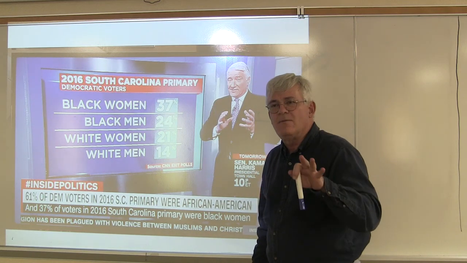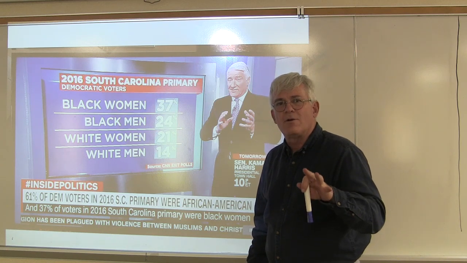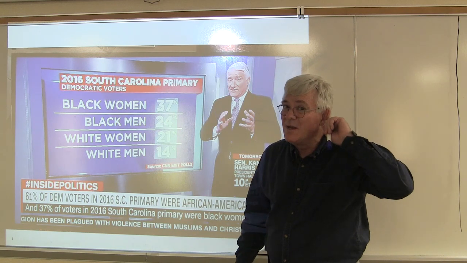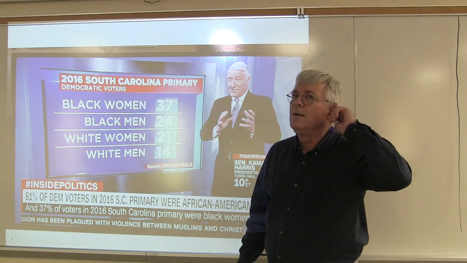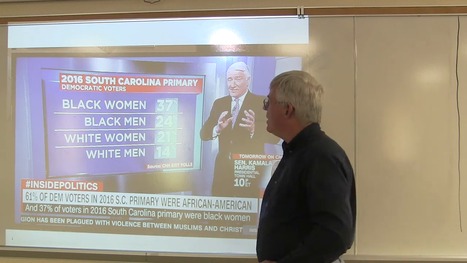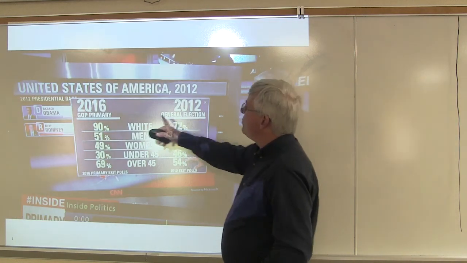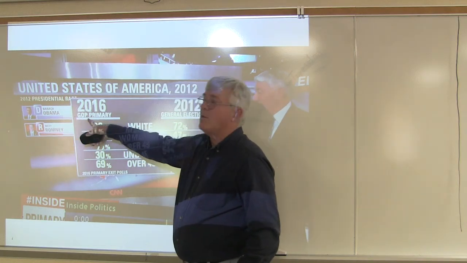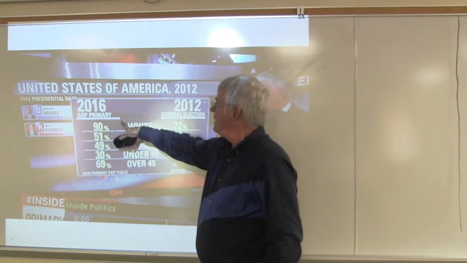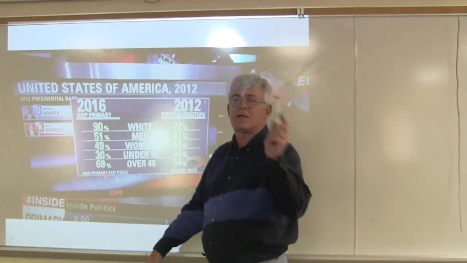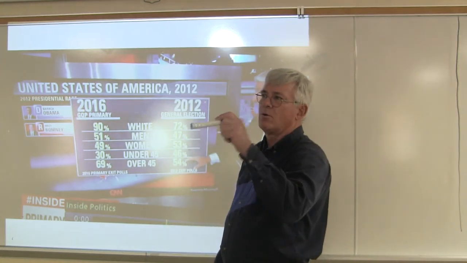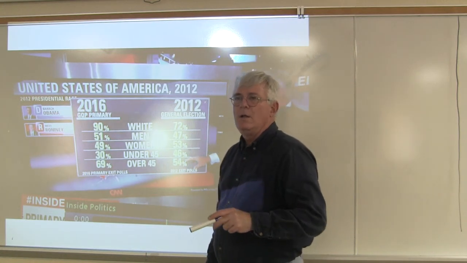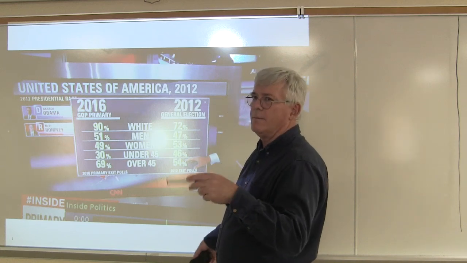Primary election voters look different. They're going to look more like what kind of base? Like the hardcore base. Let me show you another example. All right, 2016 GOP, Republican primaries, right? That was when Trump was running against Kasich and Cruz and Rubio and I don't know.